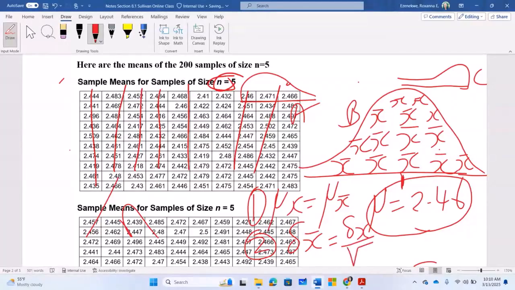So how do I calculate the standard error? By the way, the standard error is the standard deviation of the sampling distribution, which is what the central limit theorem describes.